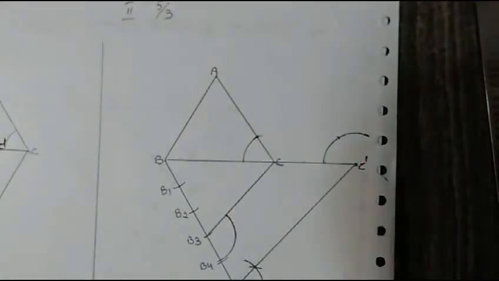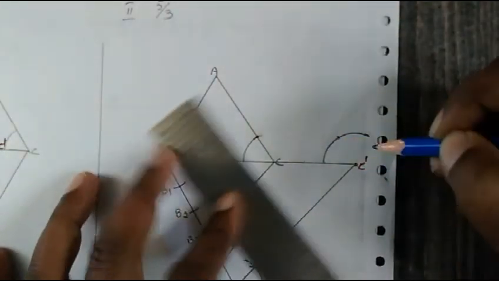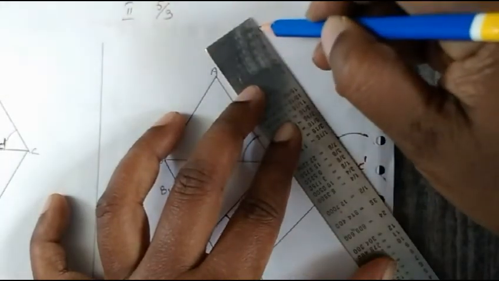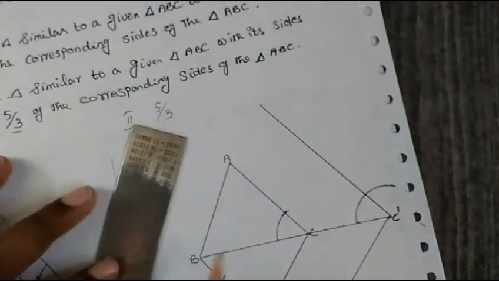So now join this point and this point. Okay, so now extend this line here.